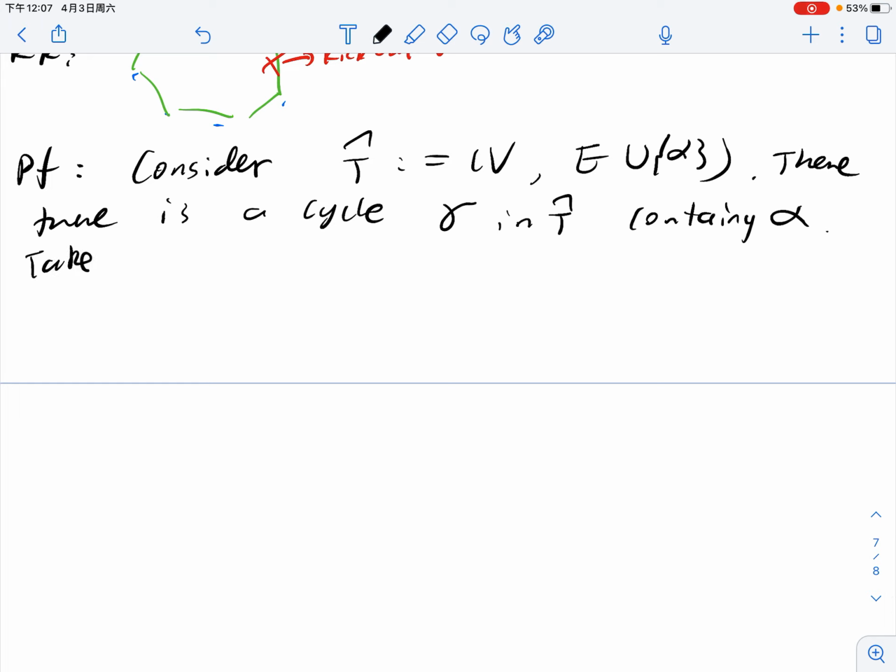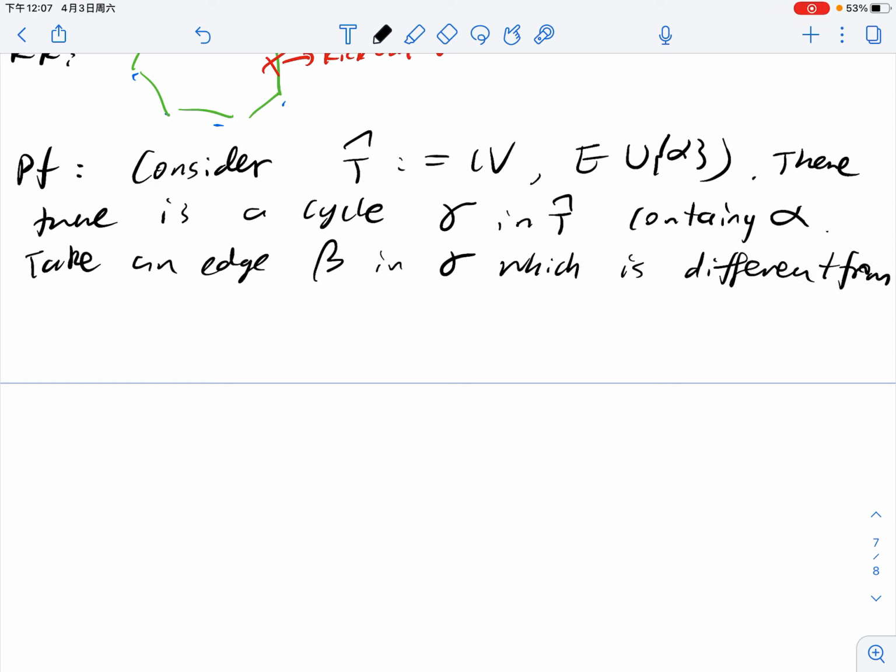Then take an edge beta in gamma, which is different from alpha. Let T prime be the graph obtained from T hat by deleting beta.